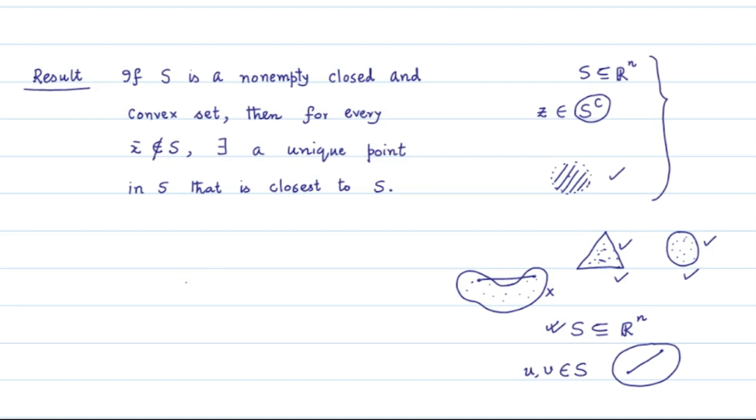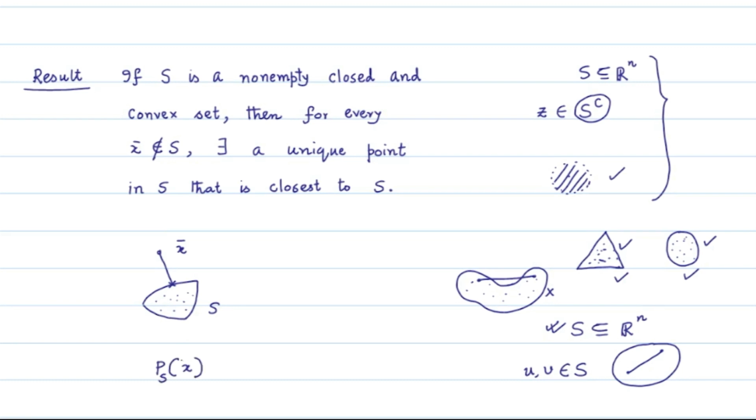That is, geometrically, if x bar is a point outside a closed convex set, then there exists a unique projection from the point x bar on the set S. As this projection point is unique corresponding to any x bar outside the set capital S, we can define a projection function for the set S as follows.